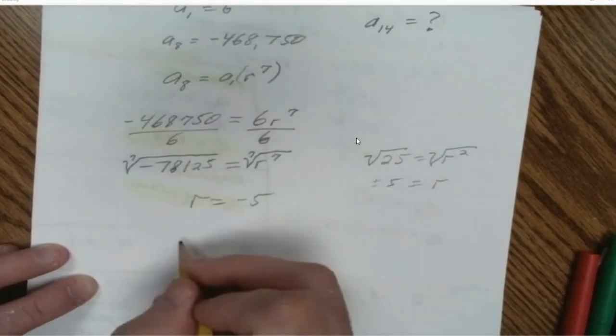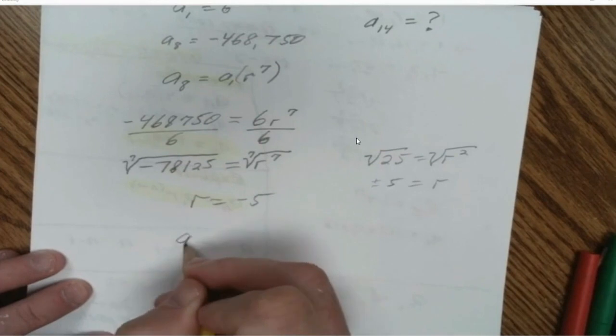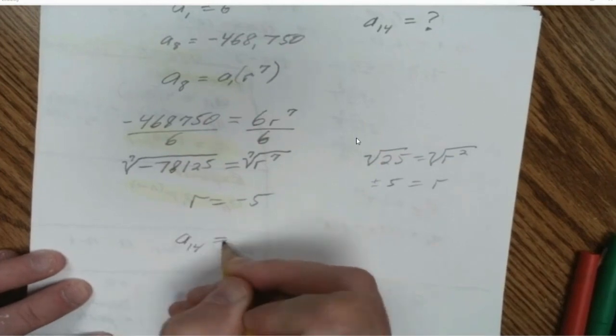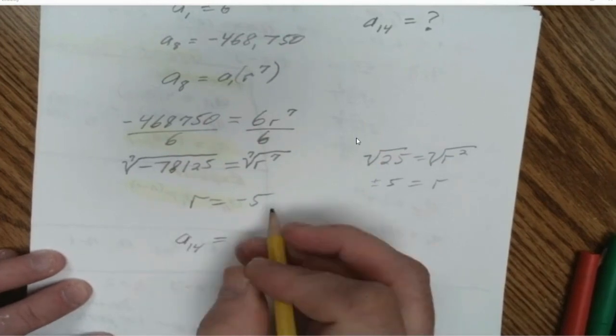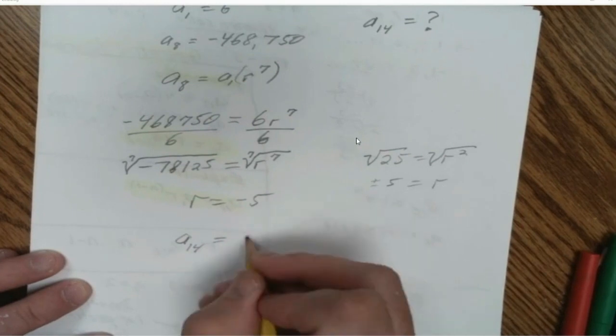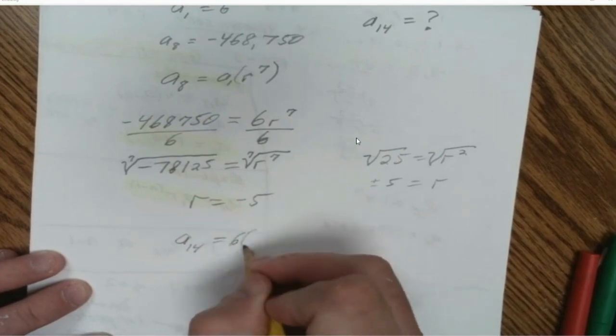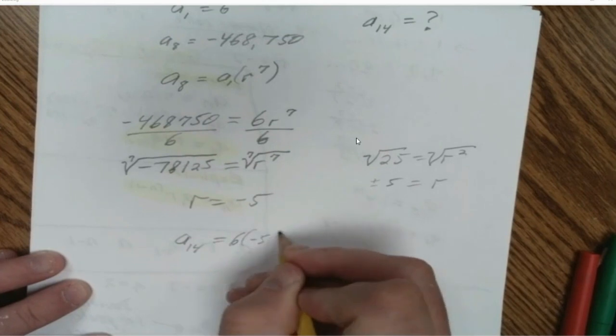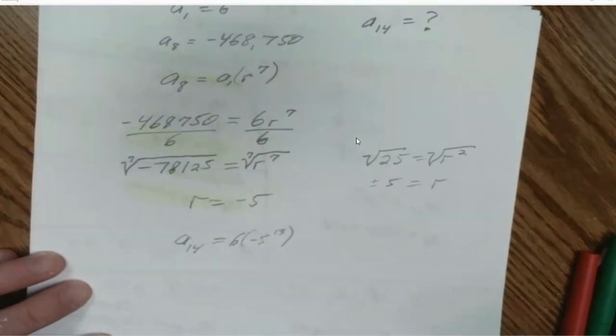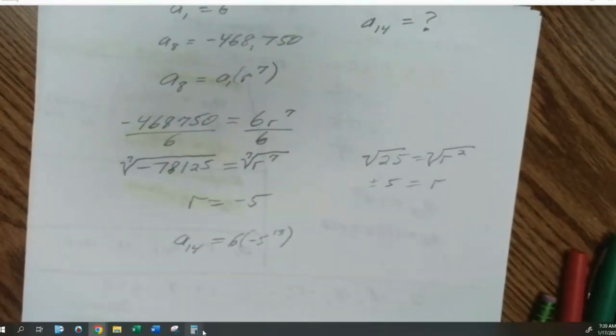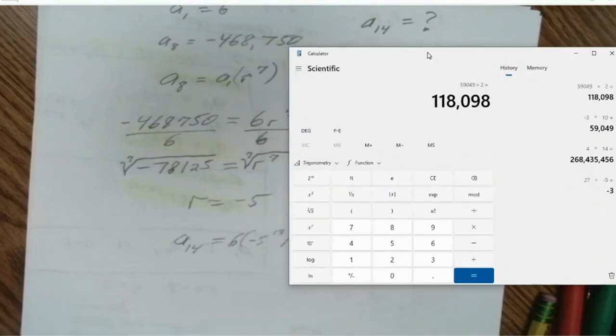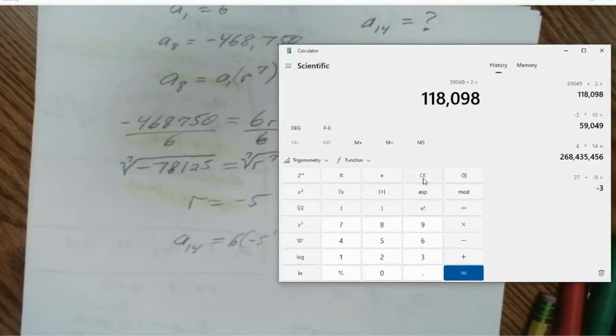So we can find our 14th term. a sub 14 equals a sub 1, which was 6, times negative 5 to the 13th. And that one we can do with the calculator here on the computer, because we can do negative 5 raised to the 13th power and take that times 6.